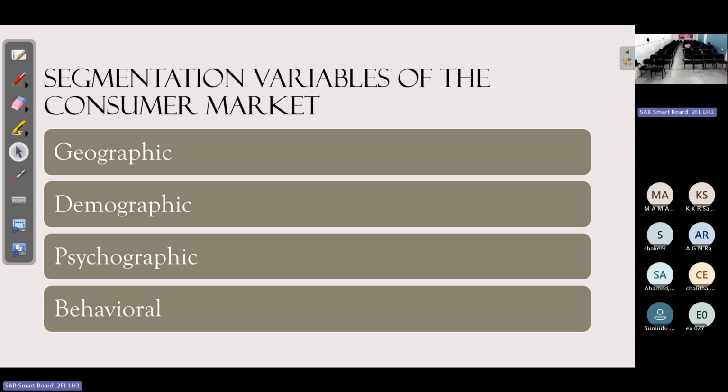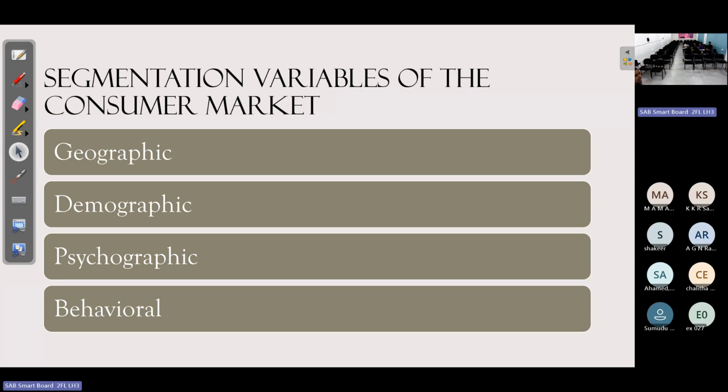Right, we will start the next one. Here we have segmentation variables of the consumer market. In the sense, when we are going to divide into different segments, what are the different bases that we consider? That's what I have already told you, for example, age, gender.